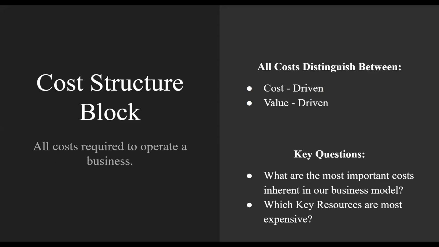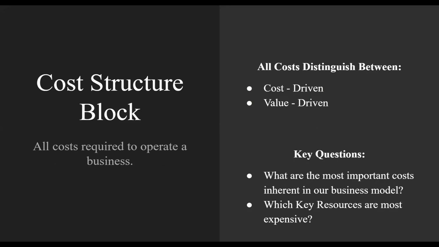The next part is the cost structure. The cost structure is usually the longest part of the business model canvas, because you need to write down all the costs required to operate your business.